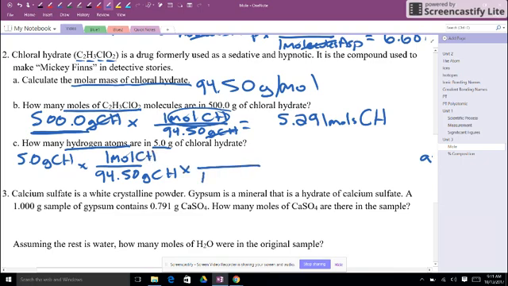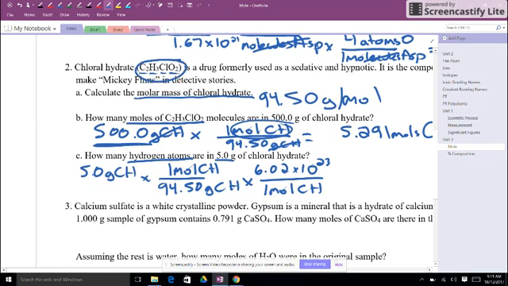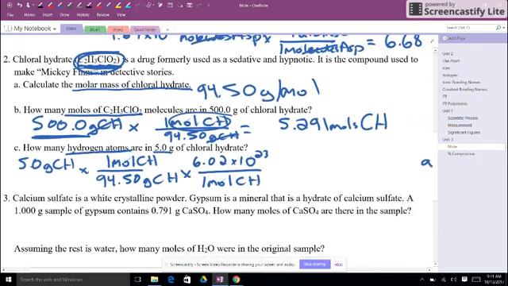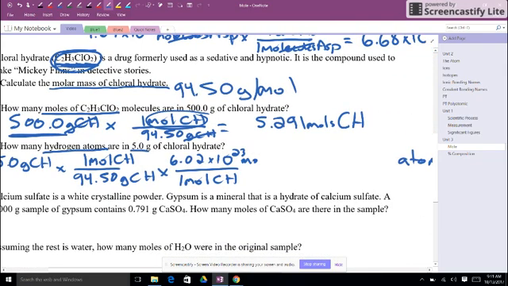Next, 1 mole of chloral hydrate would be 6.02 times 10 to the 23rd. And now, are we writing atoms or molecules here? We need to go and look at this. Chloral hydrate is made up of molecules, not individual atoms. So this word here must be molecule.